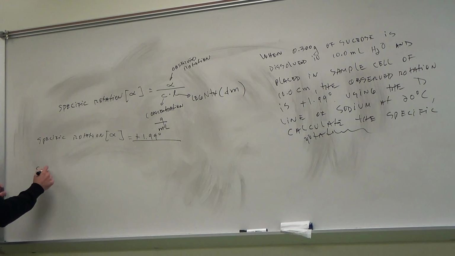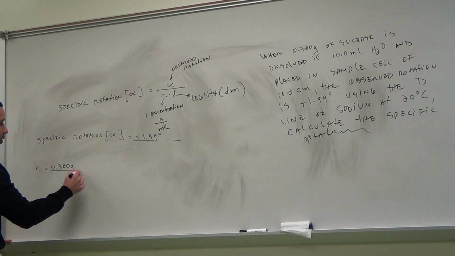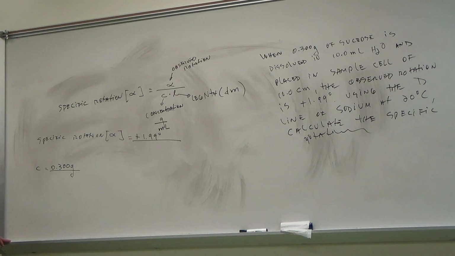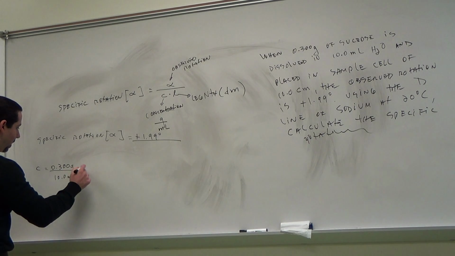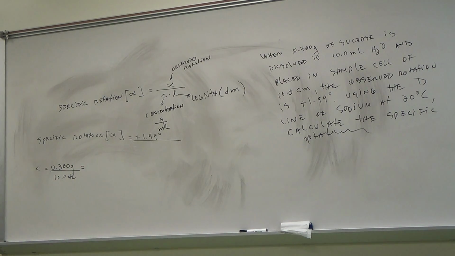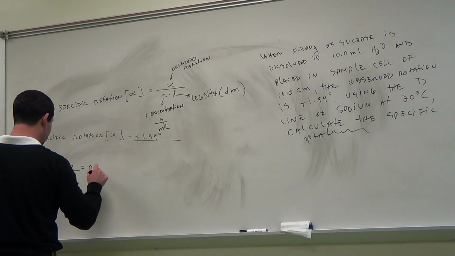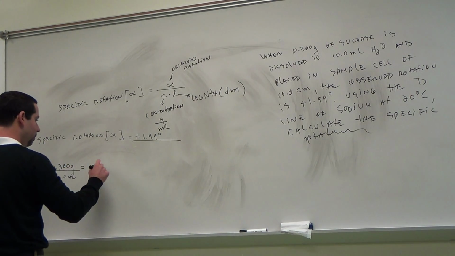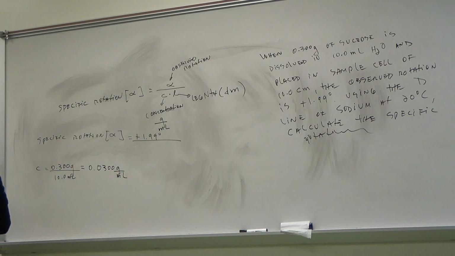So all you have to do is, because this is so simple, you get the mass, which is 0.300 grams, and you are going to divide it by the volume, which is 10.0. And what does that give you? 0.03. If you do this very complicated math, 0.03. 0.0300? Just 0.3. No, you got to keep the same number of significant figures.